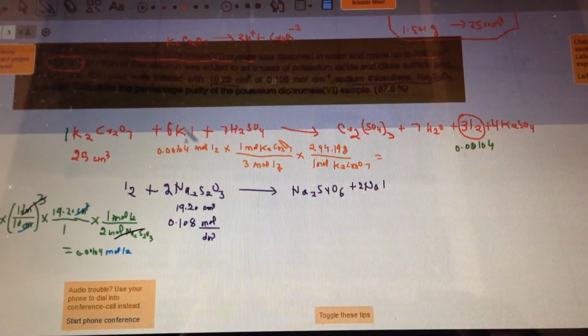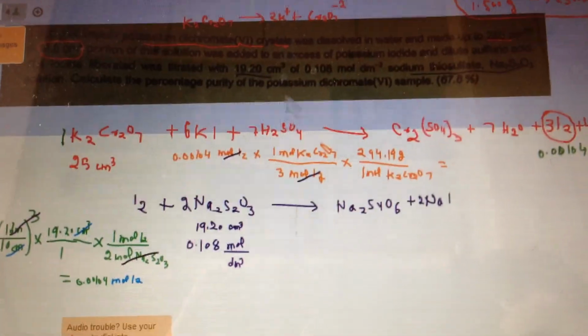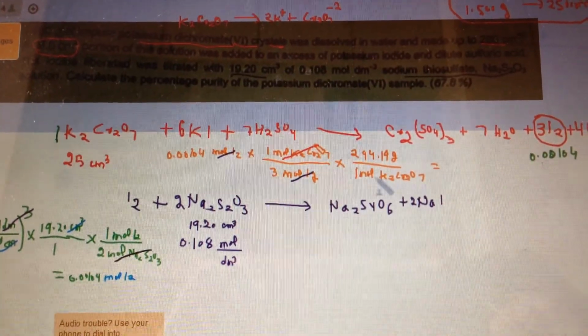And then again, watch for the color combinations. Moles of I2 cancels out here, and then moles of K2Cr2O7 cancels out here.